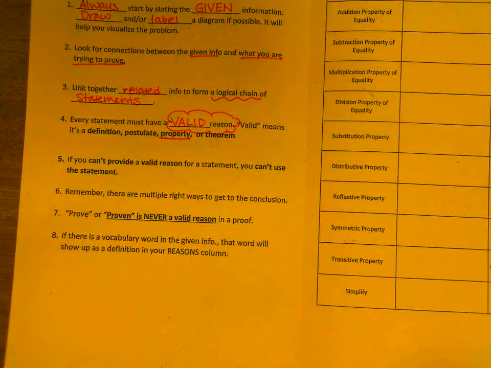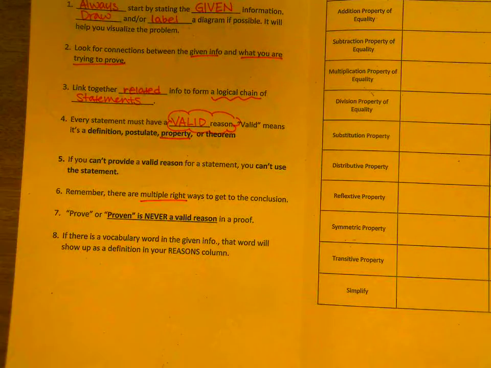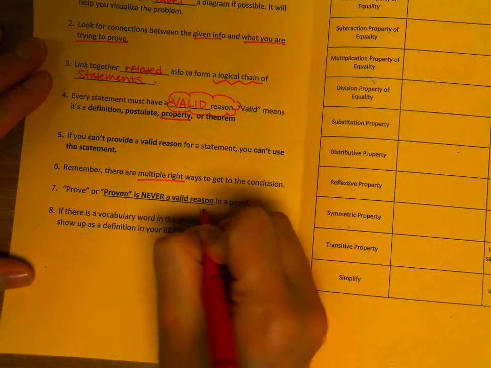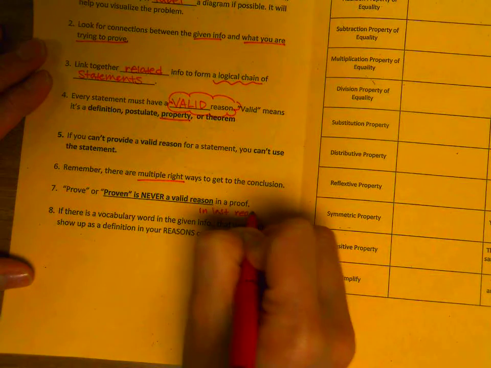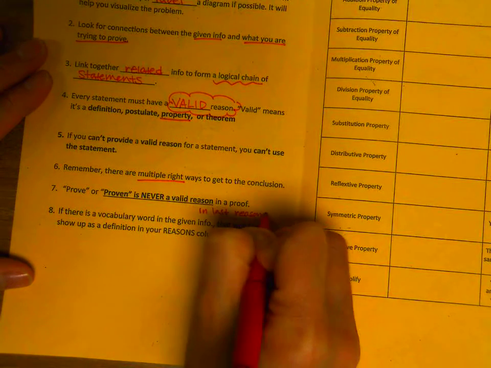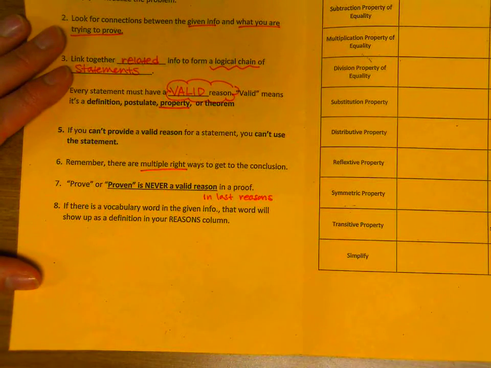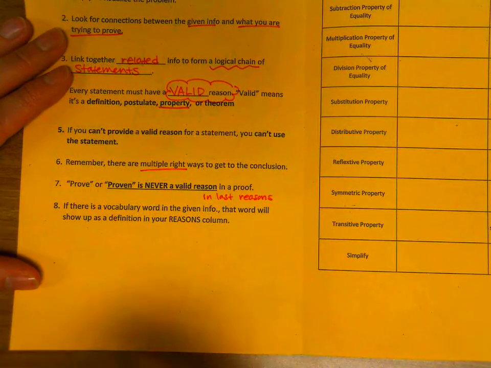Remember, there are multiple ways to get to the conclusion. Not only one direction, there are many directions. Usually students make a mistake in the last statement or last reason: you are not allowed to use "prove" or "proven" as a reason. You cannot say "prove" or "proven" in the last reason.